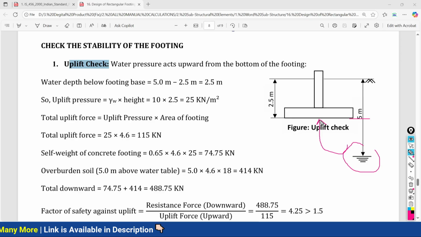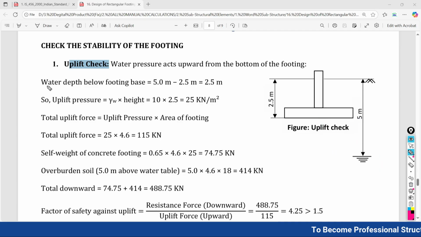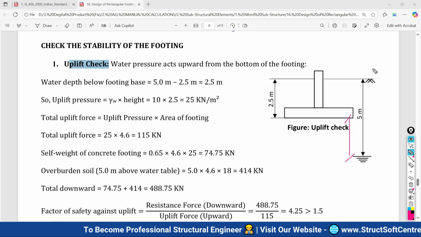Your footing should not be lifted. So we have to see whether the presence of this water is going to cause instability of the footing which you designed in problem statement A. So we have to check that. First you need to find out what is the depth of water actually, because we have been given the total depth of the water from the ground level.